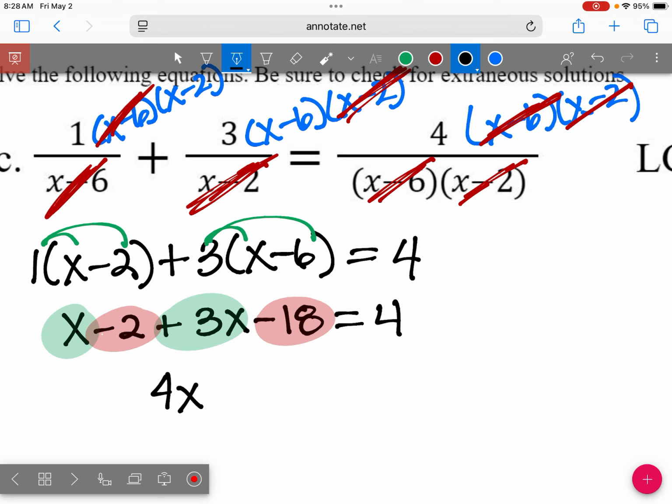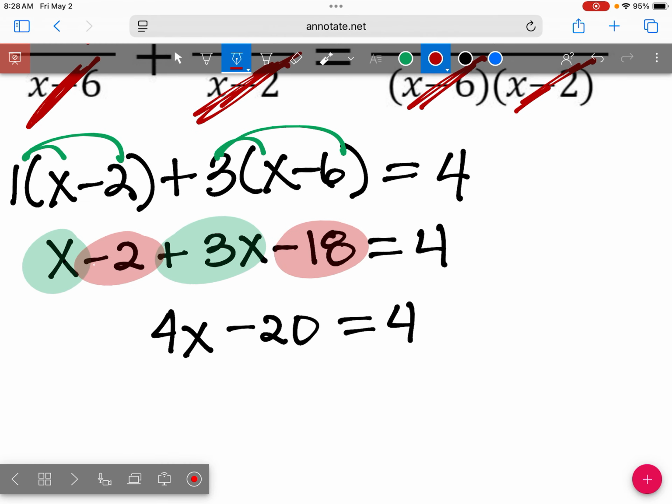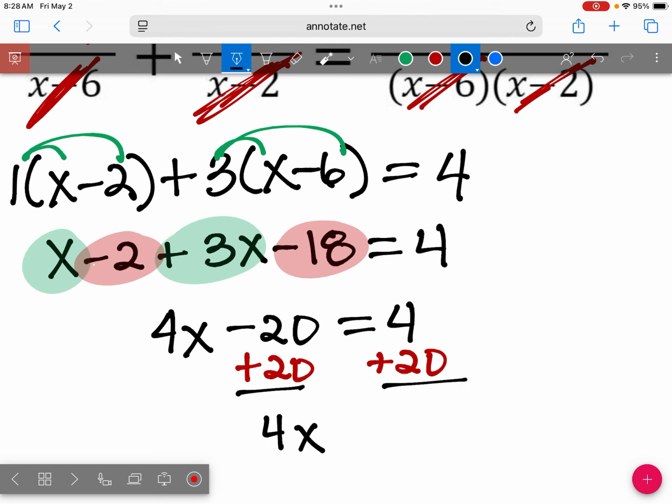So that's minus 20 equals 4. Now we're going to do what? What would be my next step to solve for x? Add 20. Yep. And then my last step would be to divide by 4. So I got x equals 6.